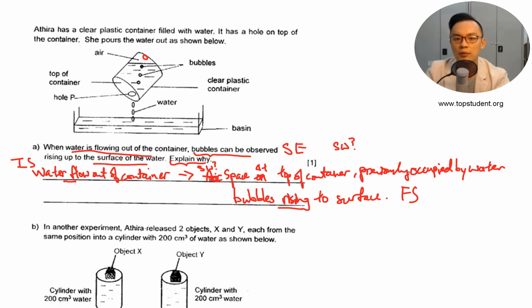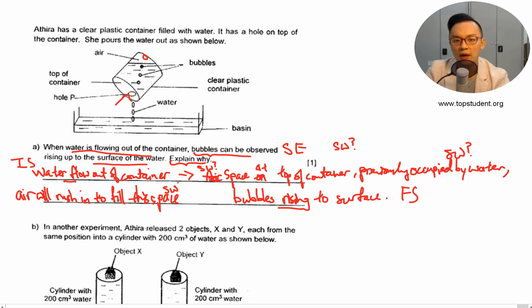So when water flows out, it creates a space at the top of the container. So what if there's a space that's previously occupied by the water? What's the big deal? The big deal is the air will rush in to fill this space.